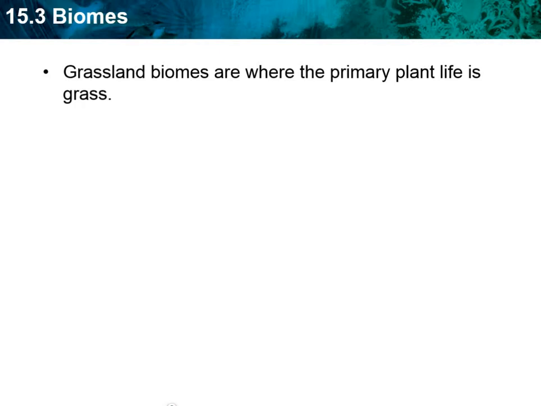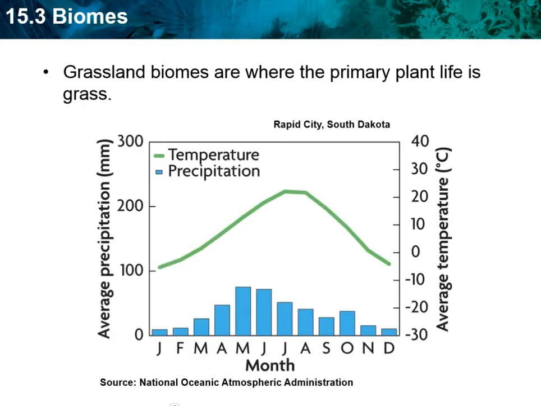So another biome, the grasslands. Grasslands are where the primary plant life is grass. And this one is showing Rapid City, South Dakota.